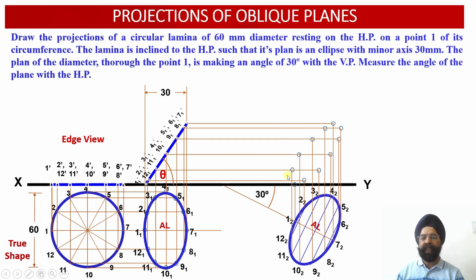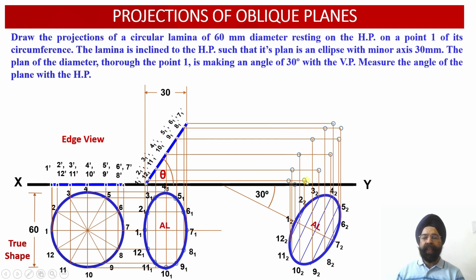Wherever these two projectors intersect, this provides us with the location of point 11 2 dash. And finally this is point 12 2. Now from 12 2 we have drawn a vertical projector upwards. This is point 12 1 dash. So we have drawn a horizontal projector from 12 1 dash. Wherever it intersects with the vertical projector from 12 2, we obtain the point 12 2 dash over here.